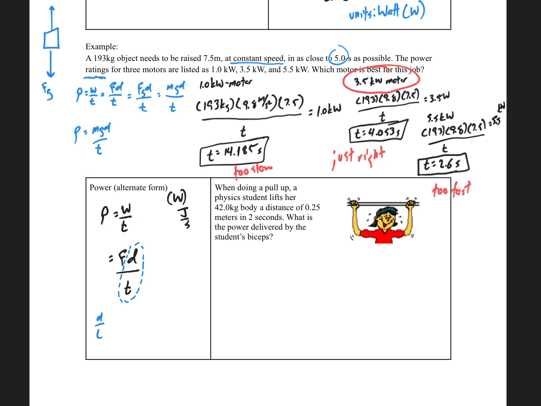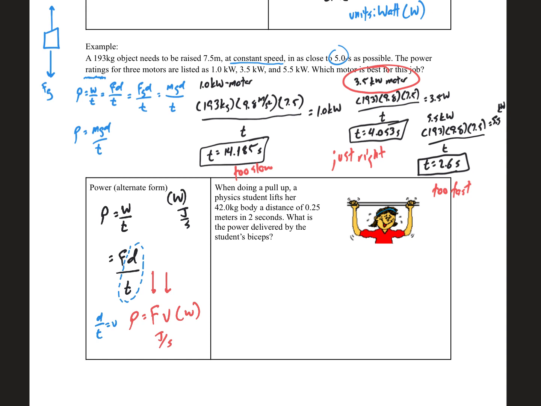Well, distance divided by time, that's velocity. So the other form of power that we can use is force times the velocity of the object. This is still in watts. We would still measure this as a joule per second. Some of the variables, though, just might be easier to say force and velocity, since we're pretty good at finding those now.